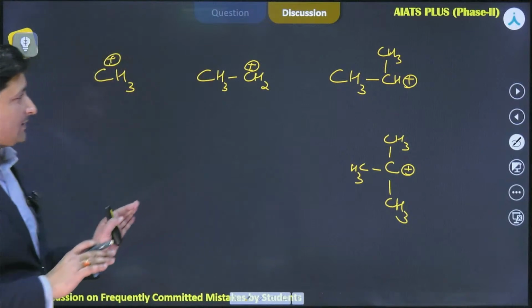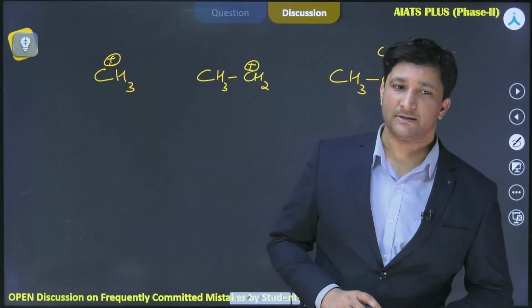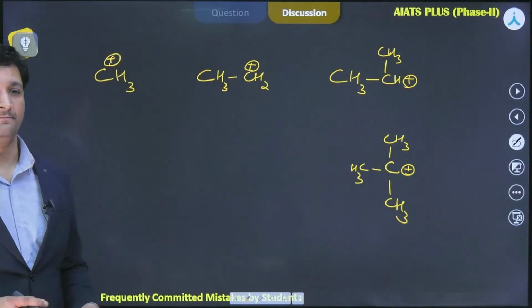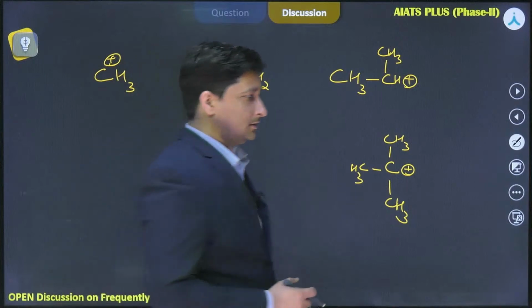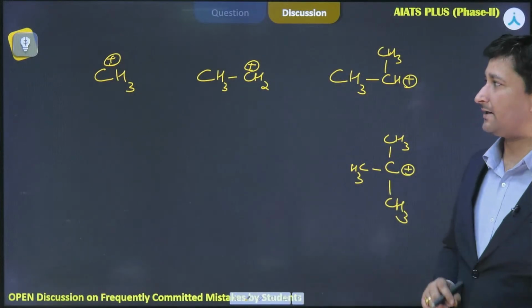The stability of these carbocations can be explained with the help of hyperconjugation. Some people try to explain this with the plus I effect, but the most accurate way is to apply the concept of hyperconjugation.